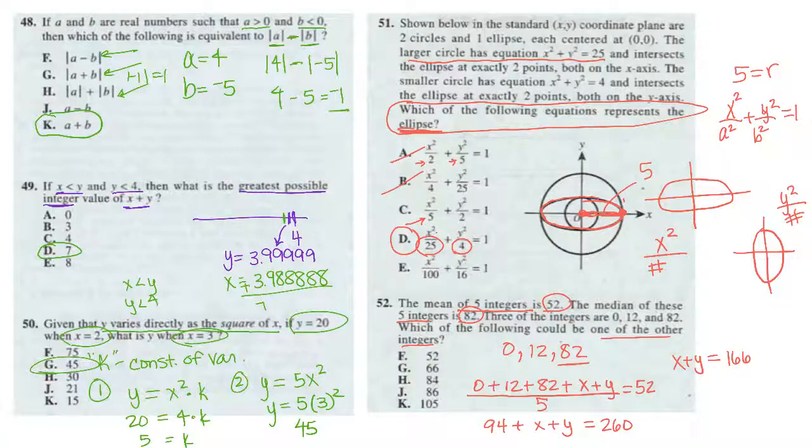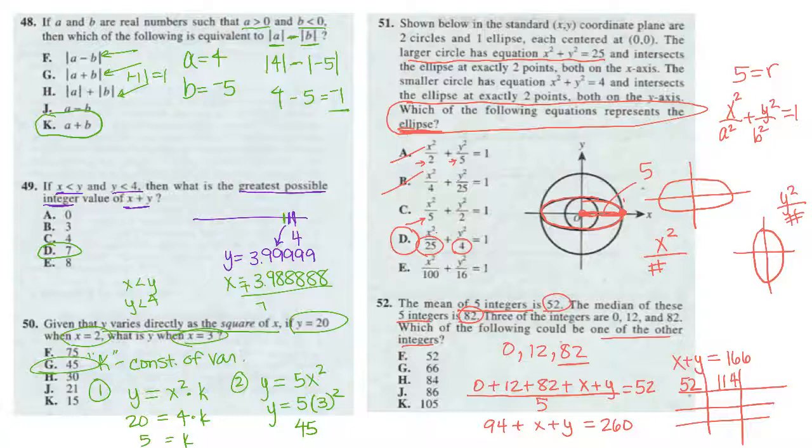I can just do a little chart here, and let's pick out some answer choices. If I let x be 52 and then I subtract over, then y would have to be 114.